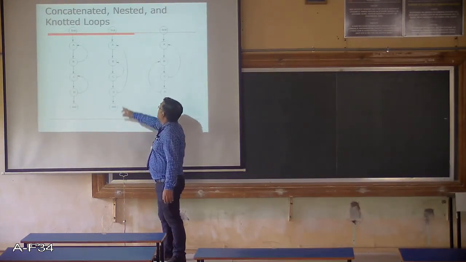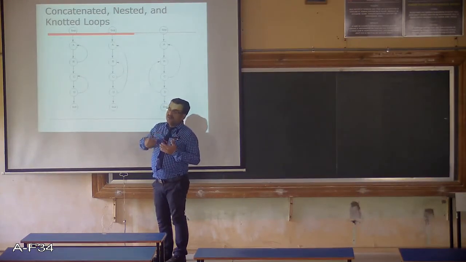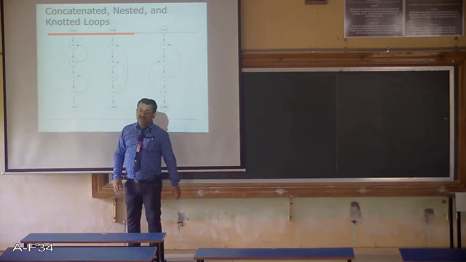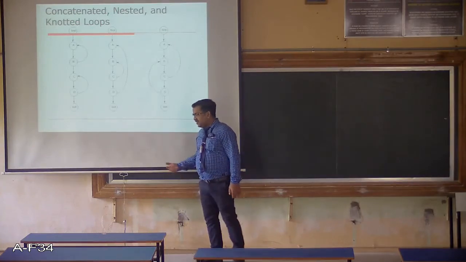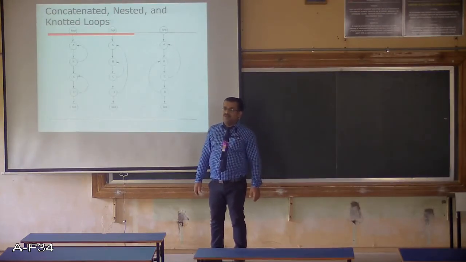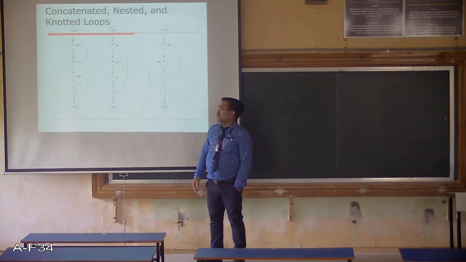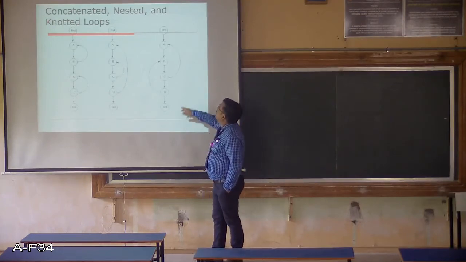These are the nested loops, where you have an inner loop executing inside an outer loop. Both these loop conditions can arise in structured programming languages. But in some programming languages like Java, where we have the provision of testing exception conditions with try catch statements, there you can have the third kind, which is a knotted loop.